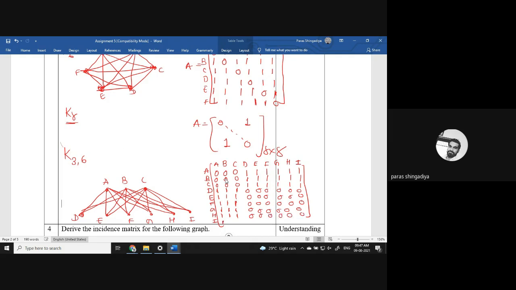And same for I. I is connected with A, B, C, but they are not connected with the others. Okay, so that will be your answer. Is it clear? You will always get this type of matrix for a complete bipartite graph. Any confusion in this answer?